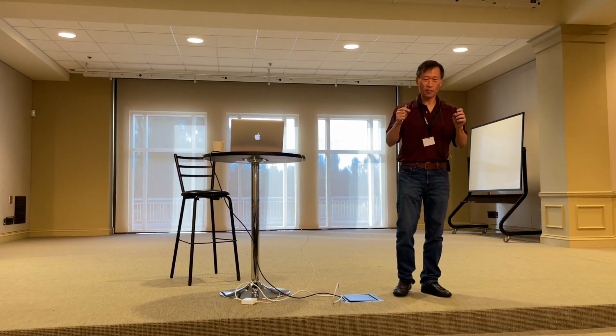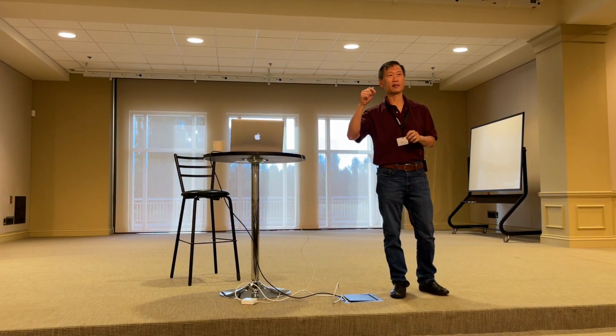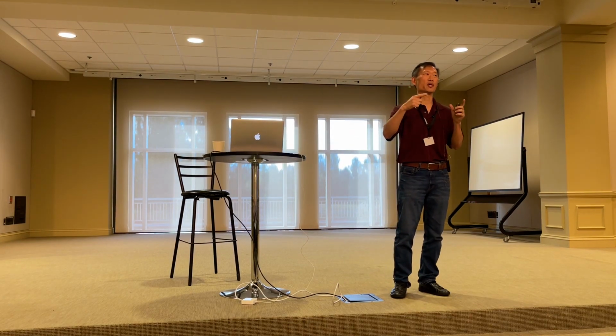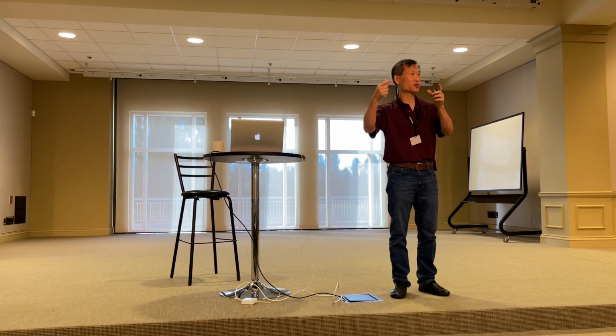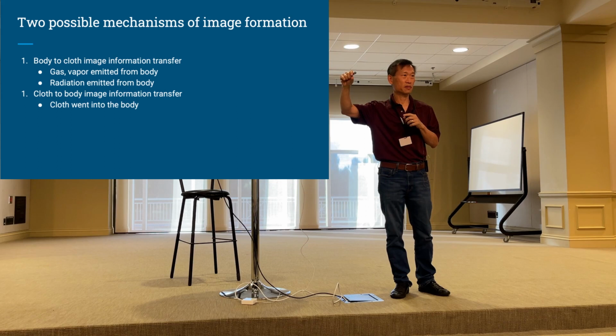So if you have a body and you have a cloth, we have to think about how the image of the body can get onto the cloth. And there are two ways. Either the information from the body was transmitted to the cloth.